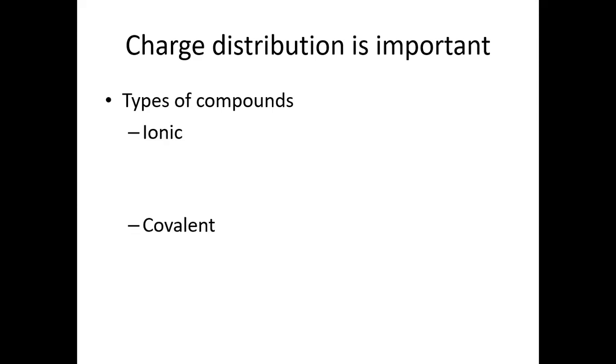It also depends on the type of compounds. Ionic and covalent are two types. If we think about ionic, if you remember, ionic compounds are composed of ions. In ionic bonds, we think about a complete donation of electrons between a metal and a non-metal.